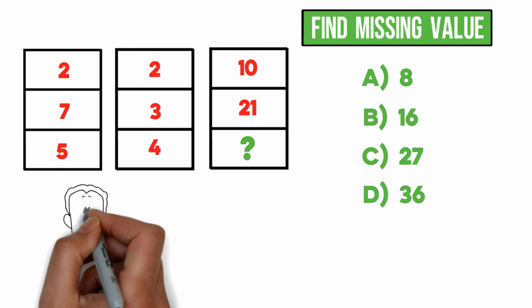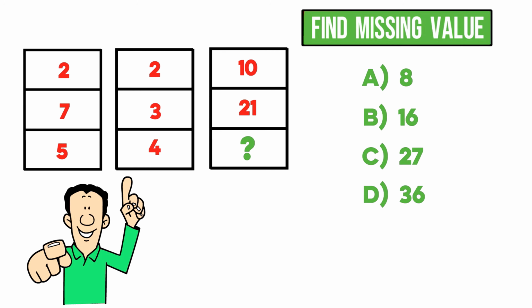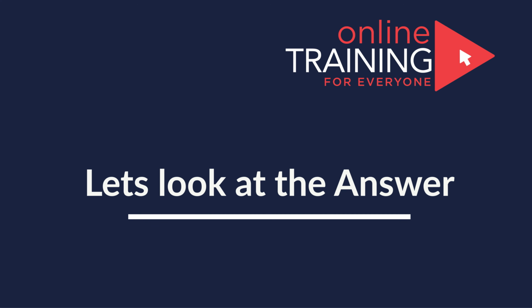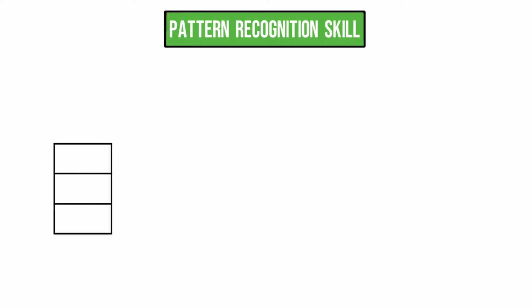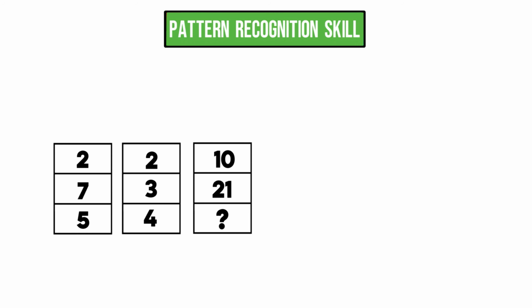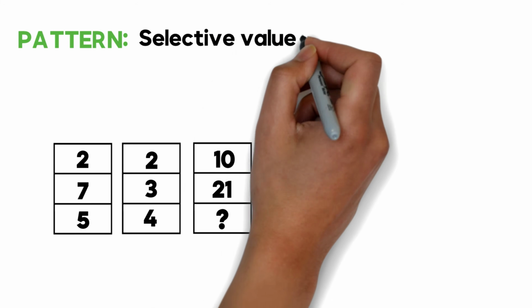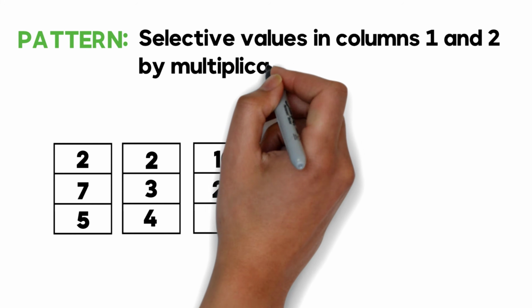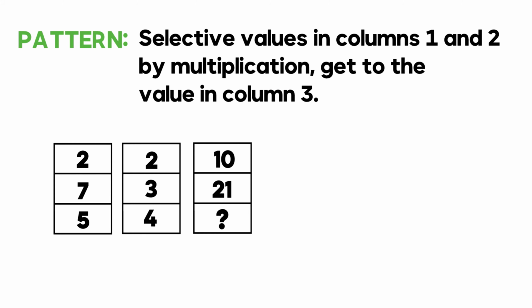Do you think you can recognize the missing value? Give yourself 5 to 10 seconds to see if you can come up with the answer. Did you figure out the solution? Let's continue to see how we can get to the correct solution together. The most important skill to solve these types of problems is pattern recognition. To recognize the pattern, you need to look closely into each column. Selected values in columns 1 and 2, by multiplication, get to the value in column 3, and this is our pattern.